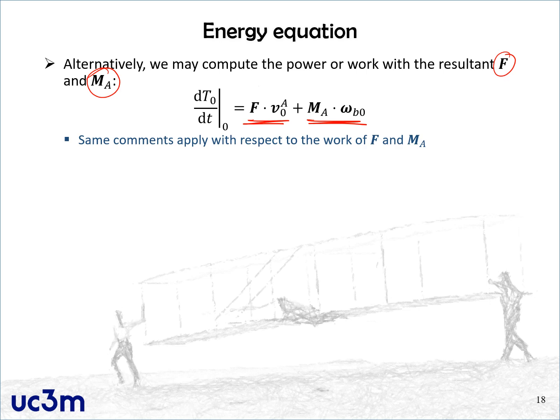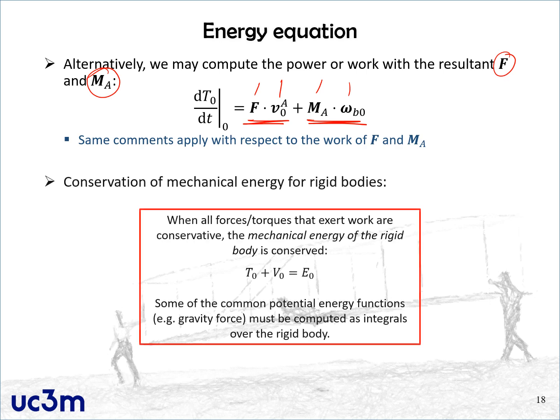If the resultant force happens to be always orthogonal to this velocity, that term will be equal to 0. And similarly, if this is orthogonal to this, then it's always equal to 0. And again, we can also discuss whether the resultant force or the resultant torque are conservative or not in the same way as before.